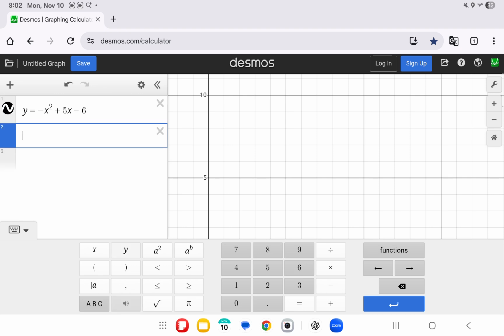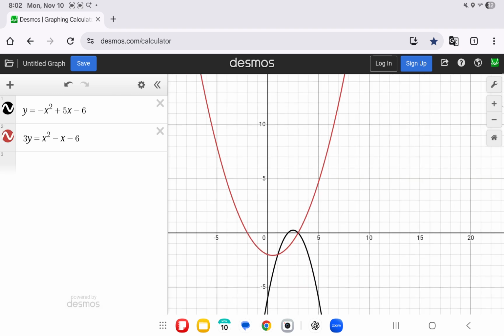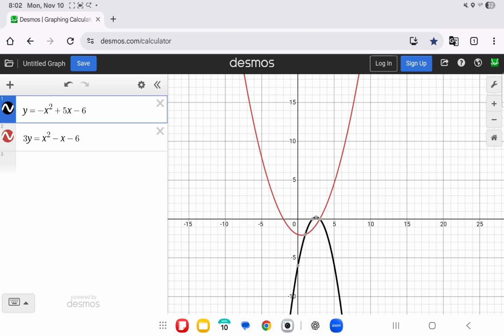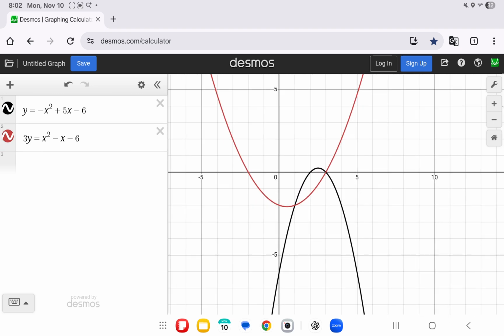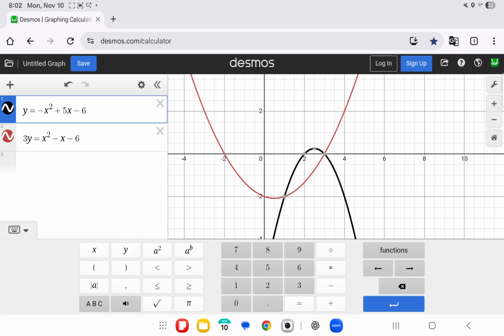And then you've got 3y equals x squared minus x minus 6. So again, we only have 2 spots where these cross. And so that gets you 1, negative 2, and then 3, 0.